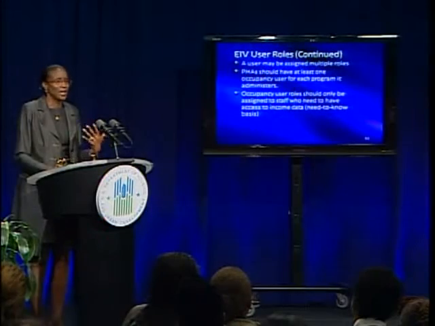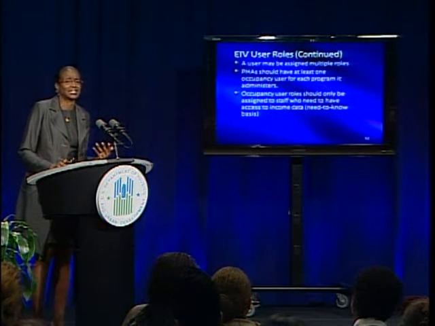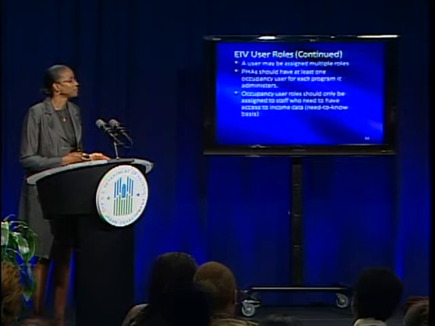So if you're that leery about somebody who has access to that information, they shouldn't be working for you. So that's just something to take under advisement. However, just make sure that when you're assigning these occupancy roles to users, they have a need to access this information. If you have maintenance staff, they maintain property. They would not be a candidate for accessing the EIV information.